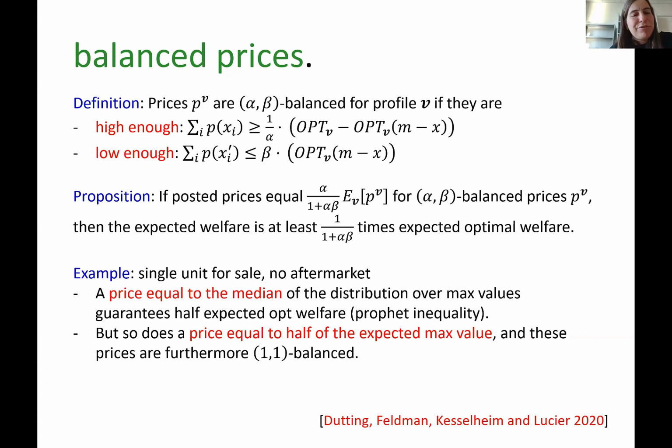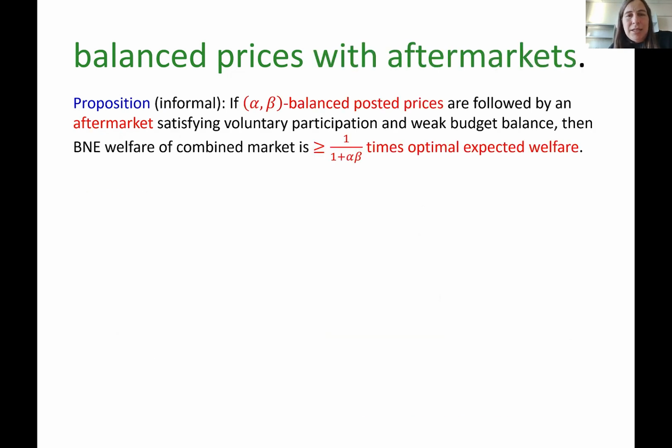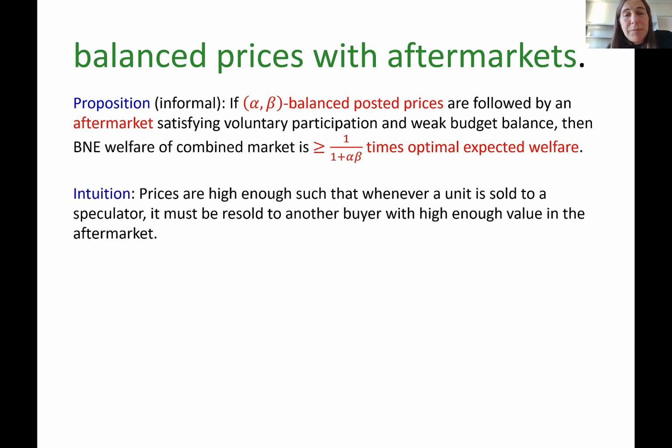His proof was to use a price equal to half the expected max value instead of the median. And the nice thing about this alternative is that these prices are balanced. And what we're able to show is that if you use balanced prices, then the welfare guarantees again persist in equilibrium.